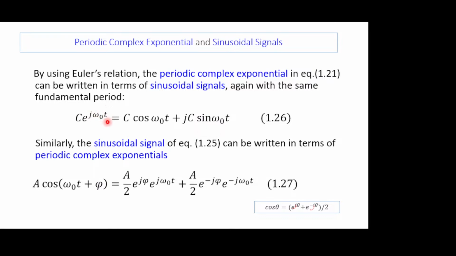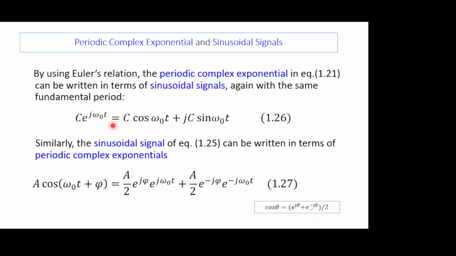So we break e to the j omega naught t into cosine omega naught t plus j sine omega naught t, and we just copy C here. So from here, you see why we want omega naught and phi to be real. Because this is omega naught here, although we didn't see phi here. And C can be complex here, and C will stay complex here.